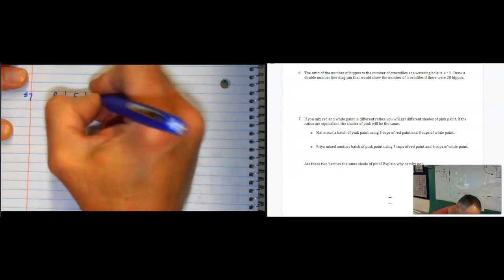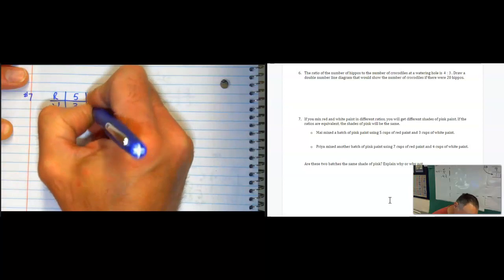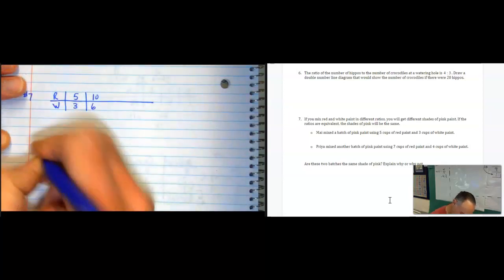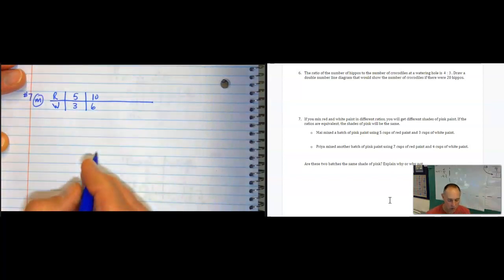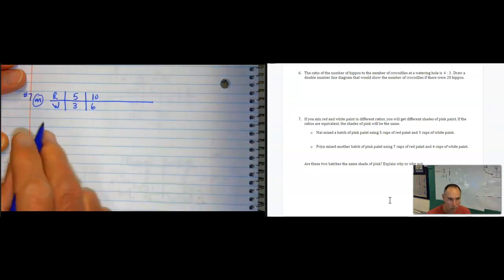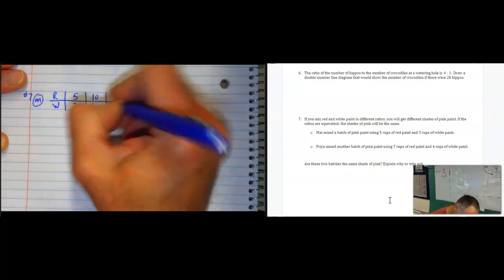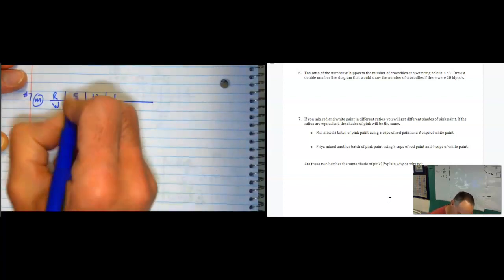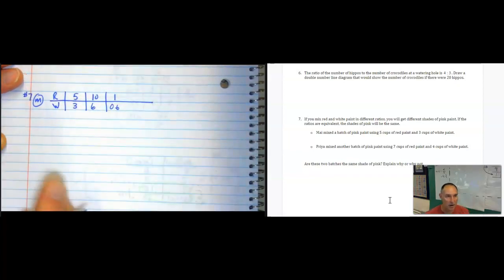I can scale this up, like make that a 10 by doubling, make that a 6. And then I can also figure out a unit rate. So I can take that 5 and make it a 1, divide 5 by 5, divide 3 by 5, and you end up with this amount here.